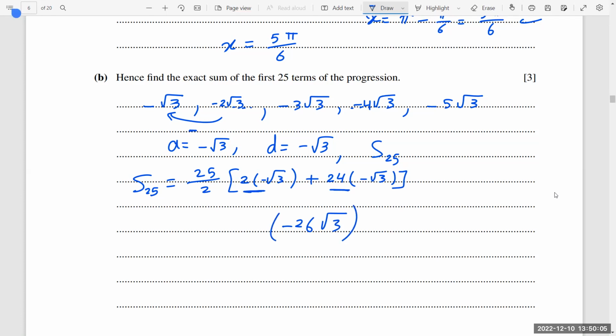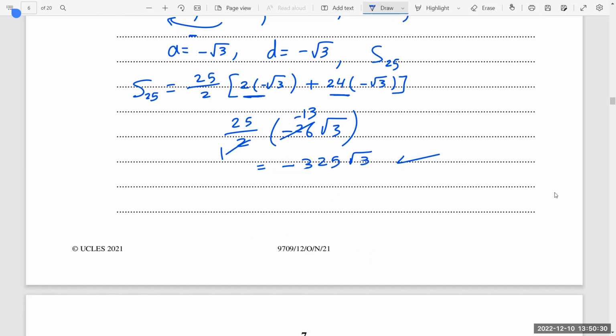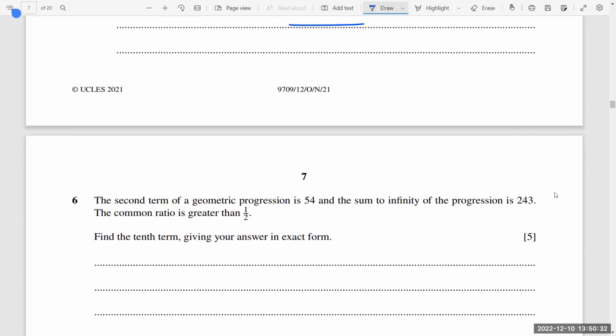This value is multiplied by 25 over 2. Simplify, divided by 2 and divided by 2, negative 13. Just multiply 25 by negative 13 and you'll get the answer. 25 times negative 13 gives you negative 325 radical 3. That's very easy. Just keep the answer in surd form. It's better because it's an exact value.